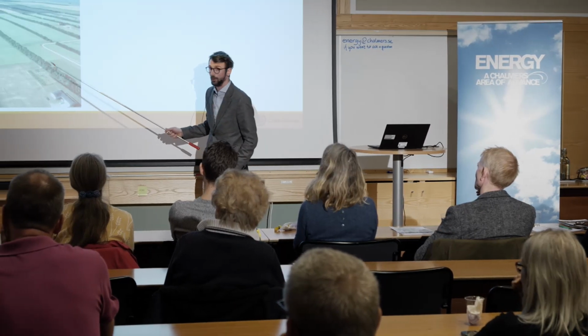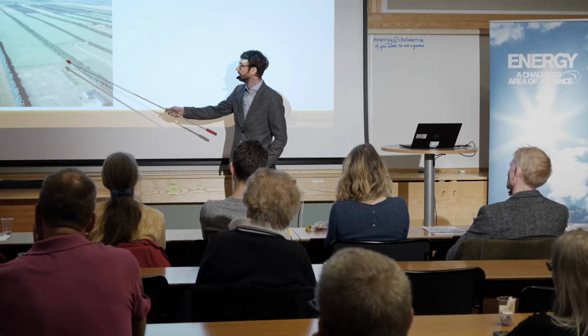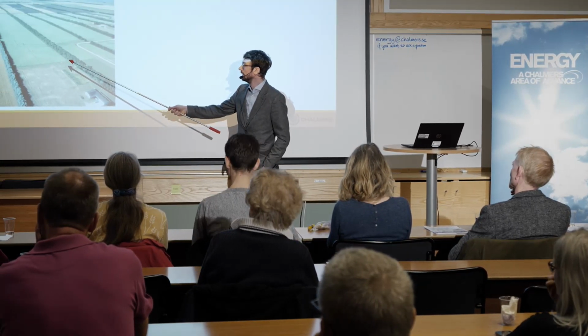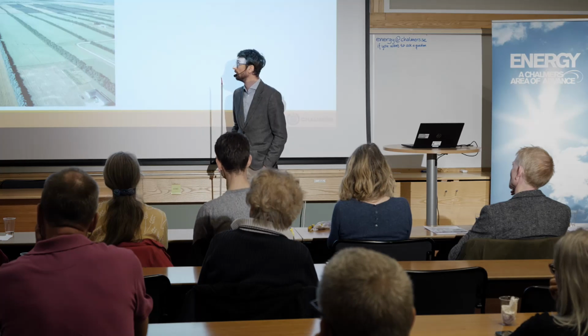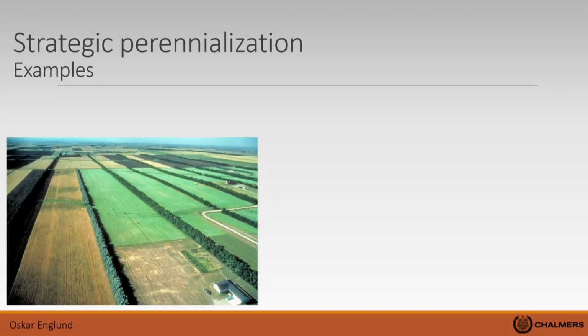You need to convert some cropland into tree plantations, but the yield effect in the cropland in between the rows can increase the yields. So the net yield in the landscape may not be affected at all. And if we use the right species, we can harvest the biomass and get an additional biomass source.